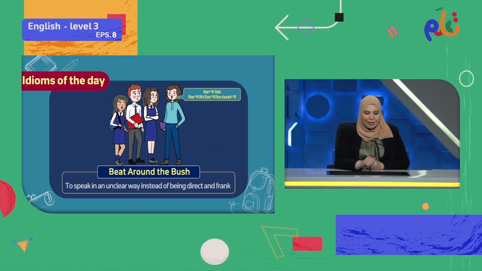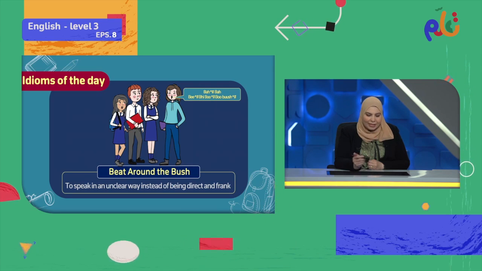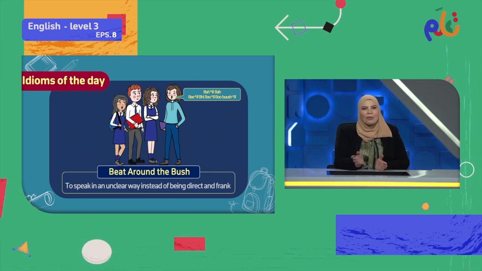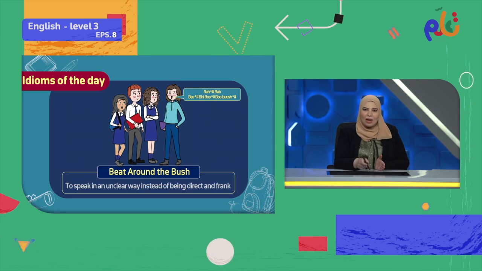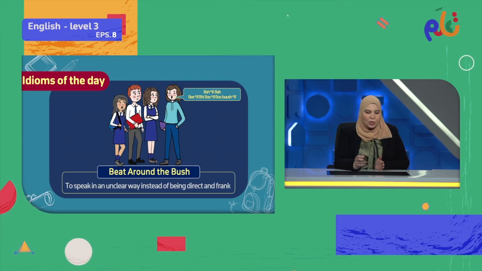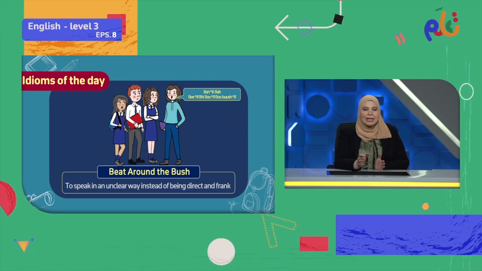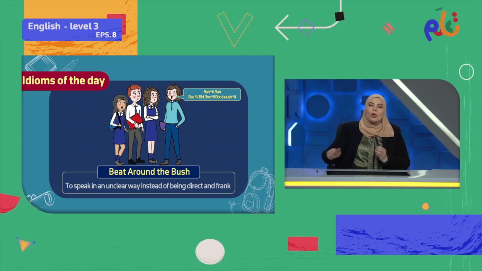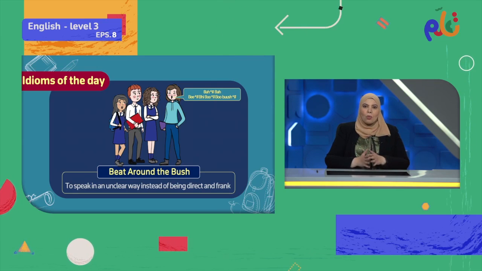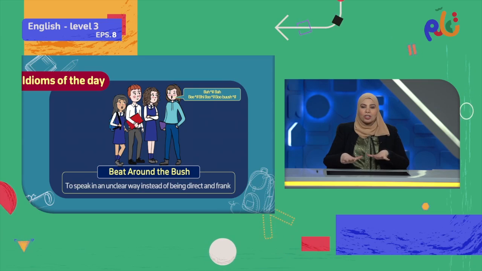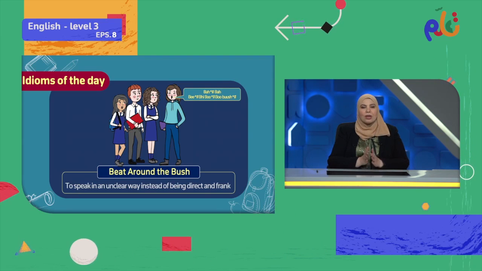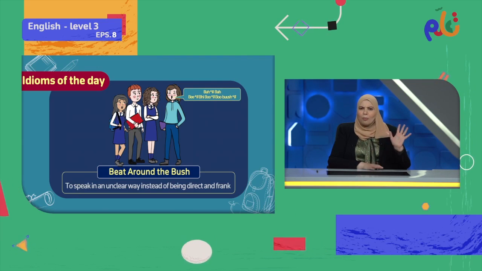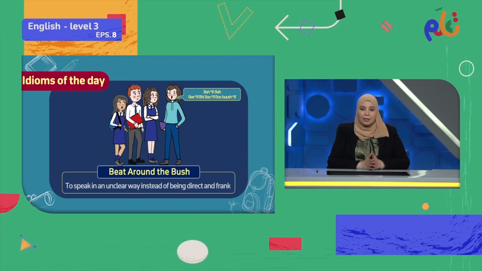And the third idiom that we have is beat around the bush. Beat around the bush means when you speak about something in an unclear way or indirectly. So when you don't try to be frank, when you start speaking much and not being direct, in this case I can say, don't beat around the bush and come clear.